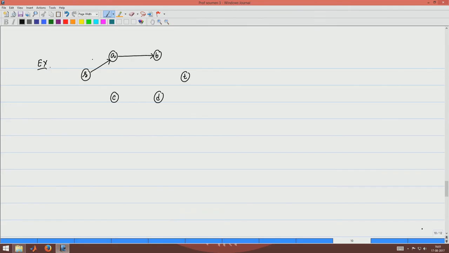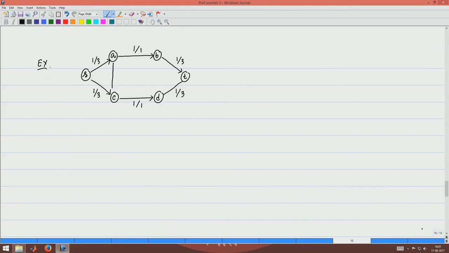The flow I assigned was 1, capacity 3, and here it is flow 1, capacity 3, flow 1, capacity 1, flow 1, capacity 3.